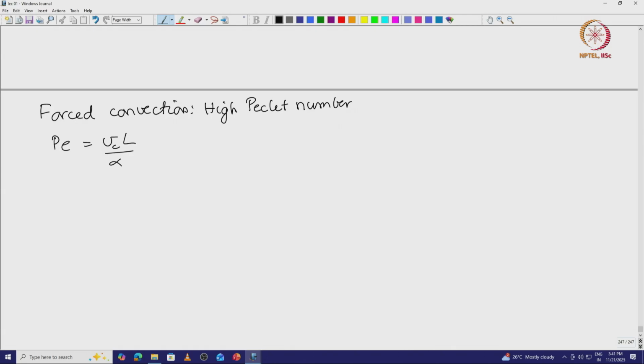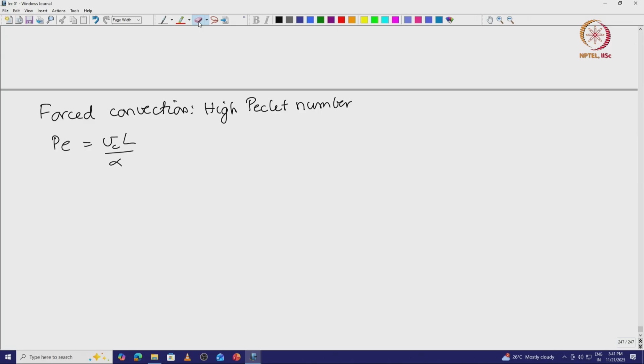However, close to surfaces diffusion does become important, because at a surface convection takes place only along the surface, parallel to the surface. There is no convection perpendicular to the surface. Therefore, mass or energy transfer perpendicular to the surface has to necessarily take place due to diffusion.